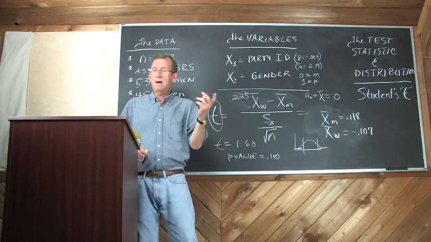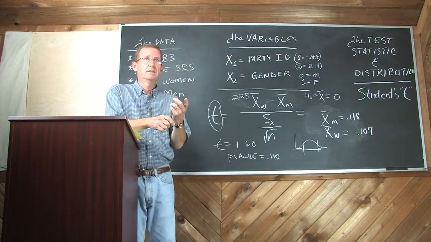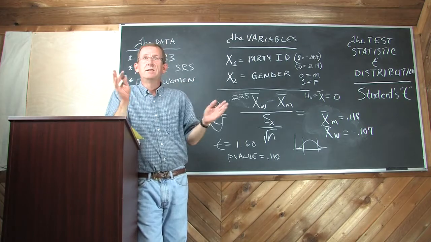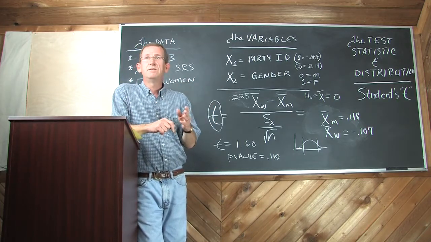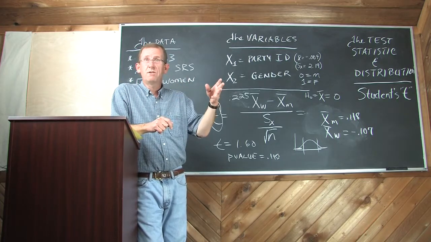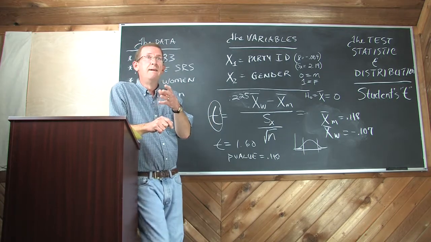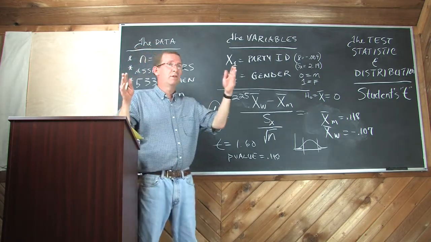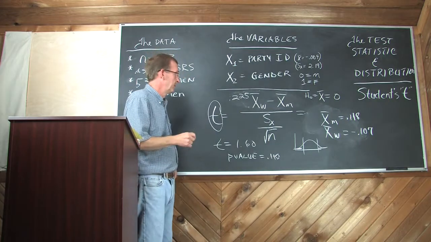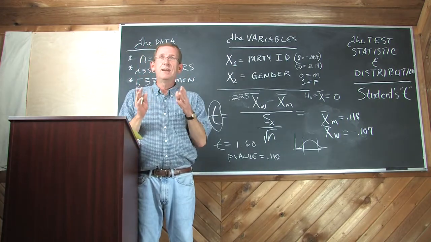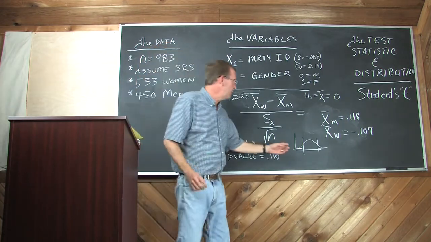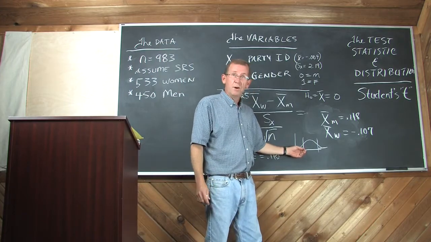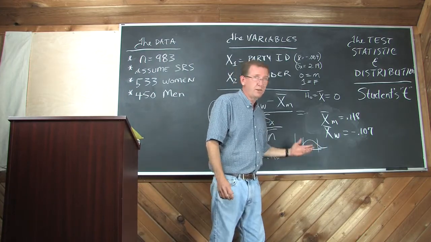When I ask you about a gender gap in party politics, having seen no statistics at all, almost all of you would be able to tell me that women are more Democratic than men. Men lean more toward the Republican Party than do women, and the reverse is true. So when we talk about a gender gap, it's already got its direction. So there's no need to eliminate both of these. Just focus on one of them.